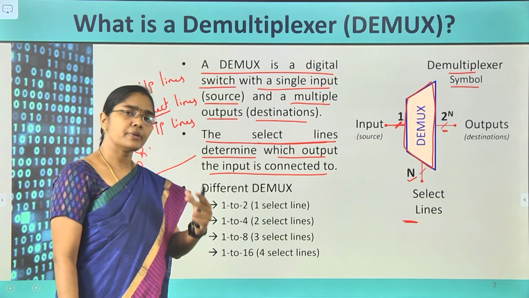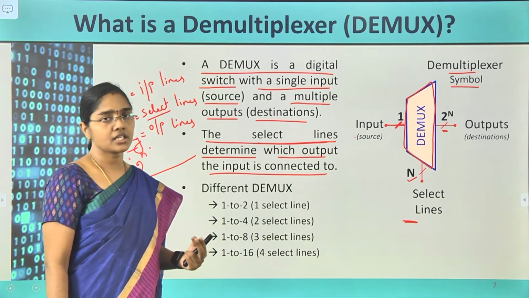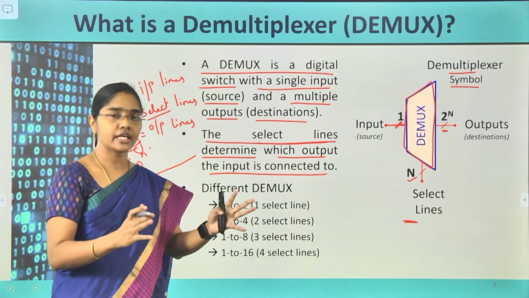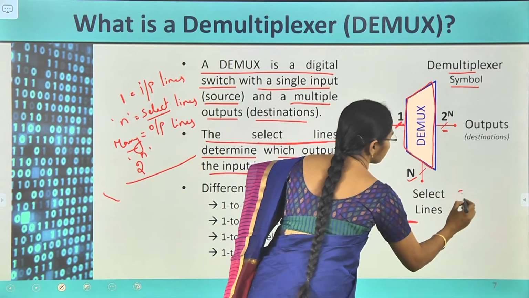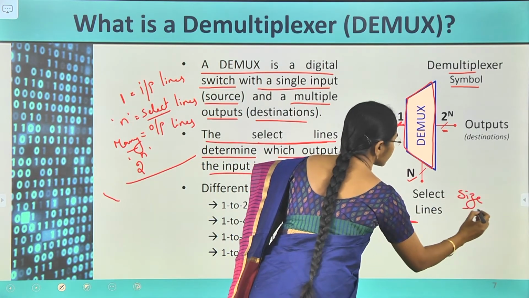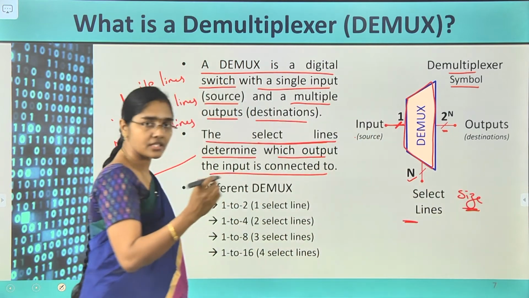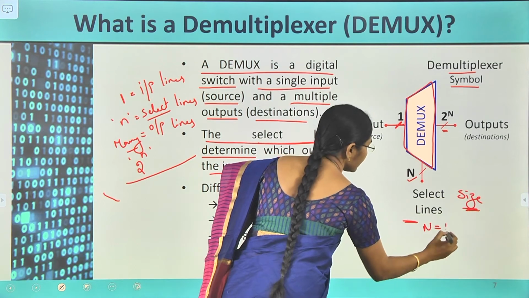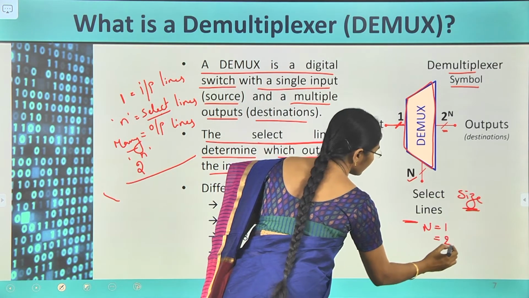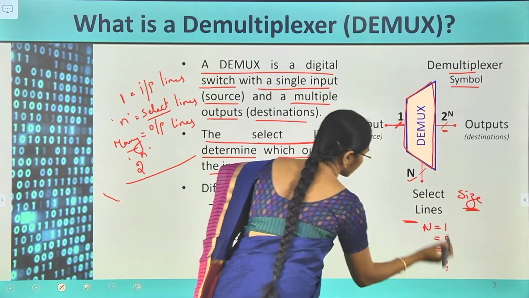Now, depending upon the size of the selection lines, there are different types of demultiplexers. That means the capital N value; n may be 1 or 2 or 3 and so on.